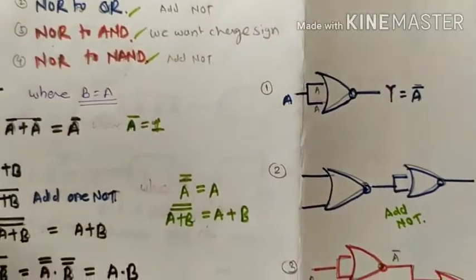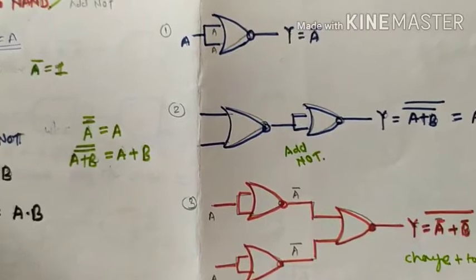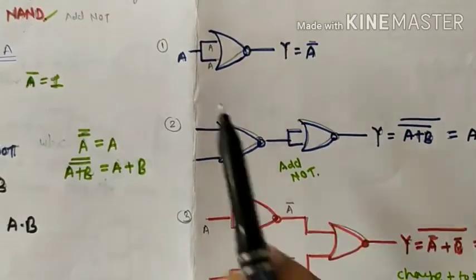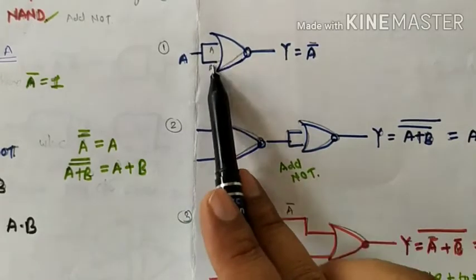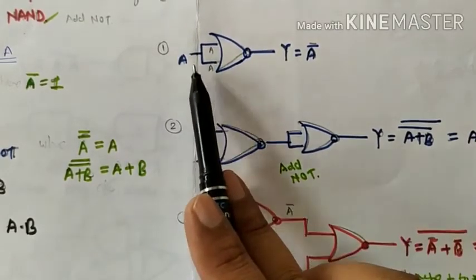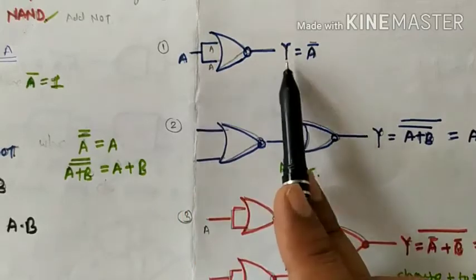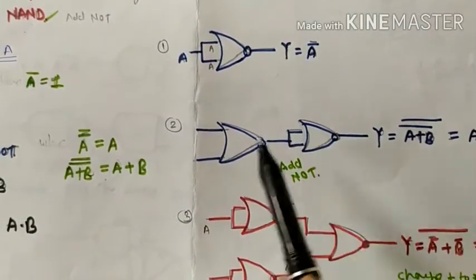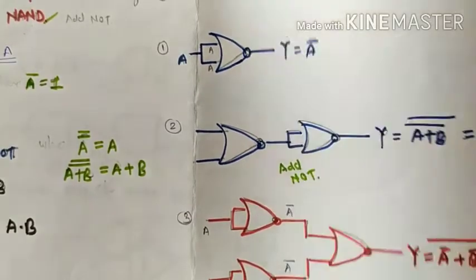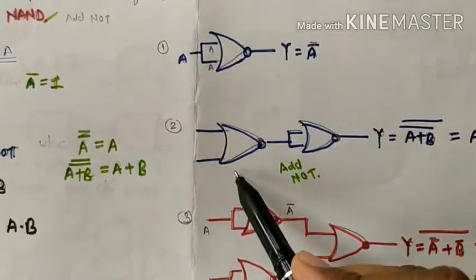See here the graphical representation of all these gates. First, this is the NOR gate. We are shorting both inputs as a, so with input a, y is equal to a bar. So we understand how we convert our NOR gate into a NOT gate. The next one: this is our NOR gate.